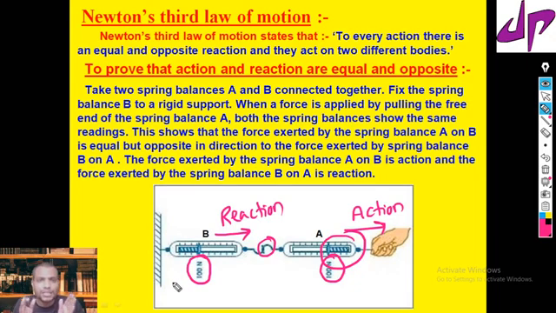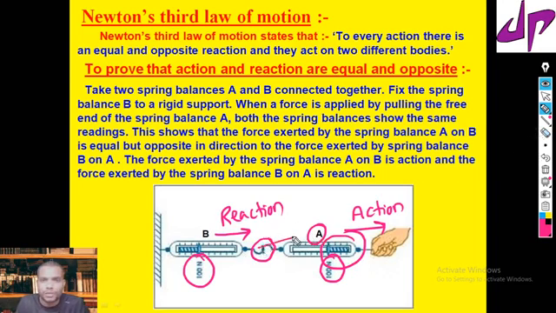This shows the force exerted by spring balance A on B. Here the force is coming because of A, because I am pulling spring A only, I am not pulling spring B, but A is connected to B. If I apply a force through spring balance A on B, it also applies an equal force in the opposite direction.